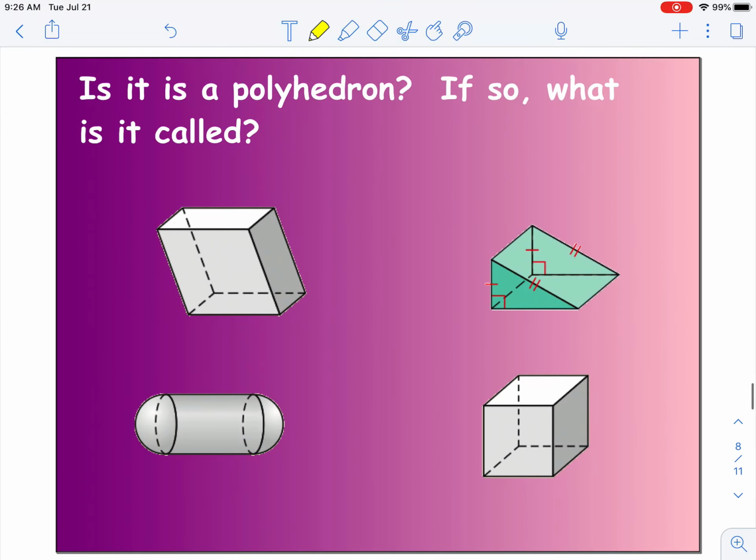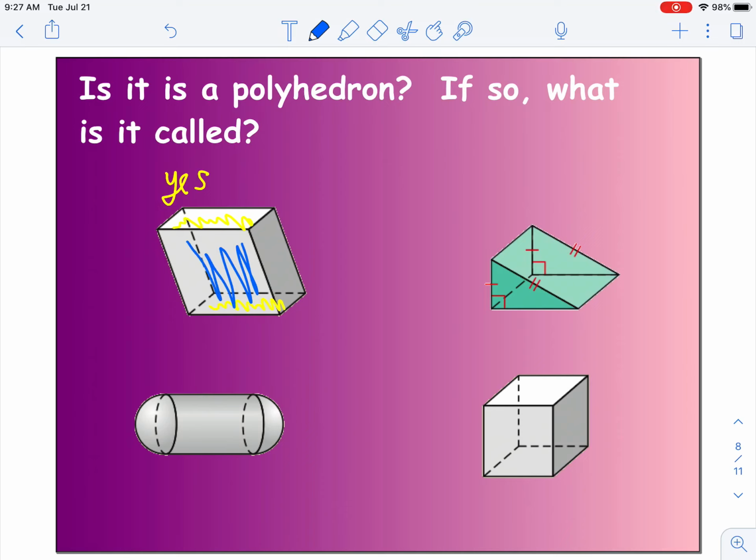So let's practice a few of these. See if you can figure out which one of these are polyhedron, and if it is a polyhedron, can you name it by the shape of its base? This is a polyhedron because you can see we have faces that are all polygons. It's named by the shape of the base. And actually we could call this base, the yellow piece, a rectangular prism.